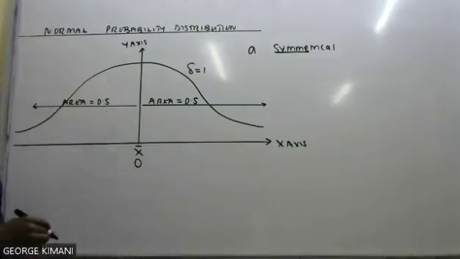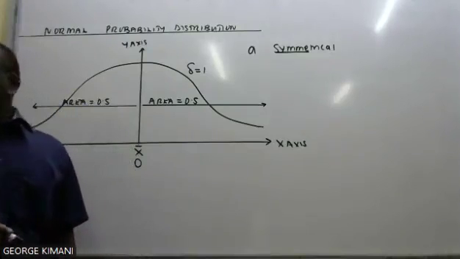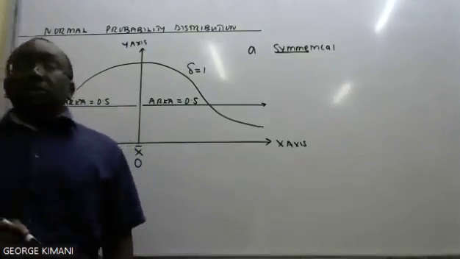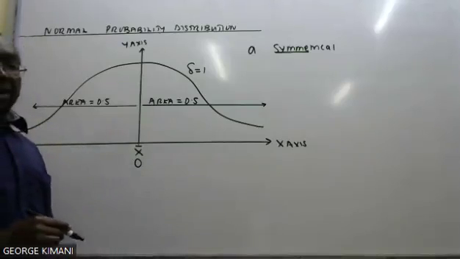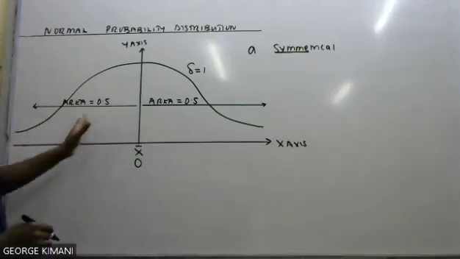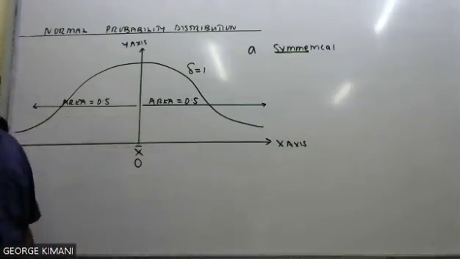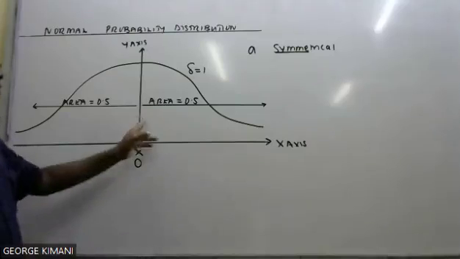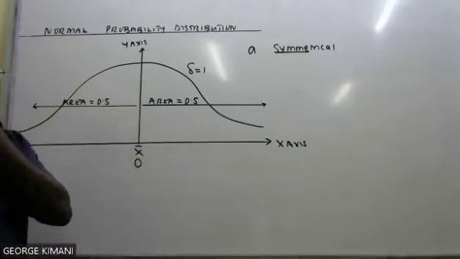Remember, the whole probability should add to 1. So when you divide 1 by 2, this side is 0.5 and this side is 0.5.